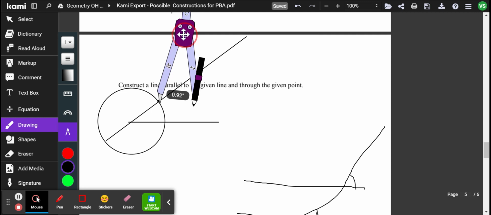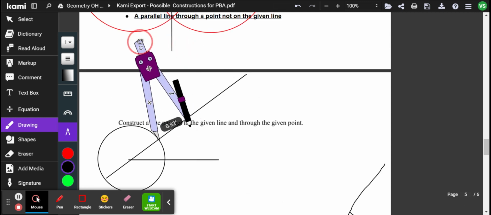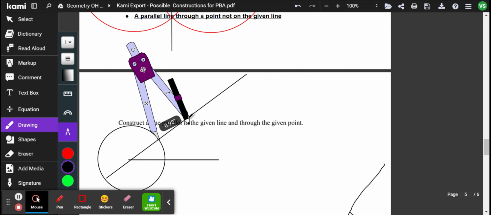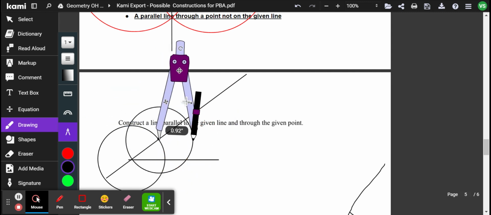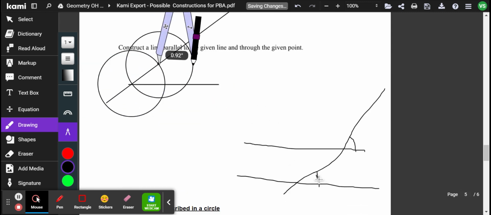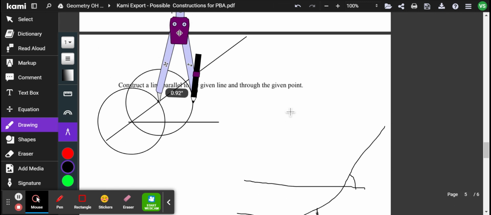The reason I'm making a second circle is that I want to make sure that this distance from here to here is the same as this distance from here to here, right? So I'm going to make another circle right here. Now, because I want to replicate this angle, I have to make sure this angle is the same as the angle at the top here to that line that I'm trying to create.